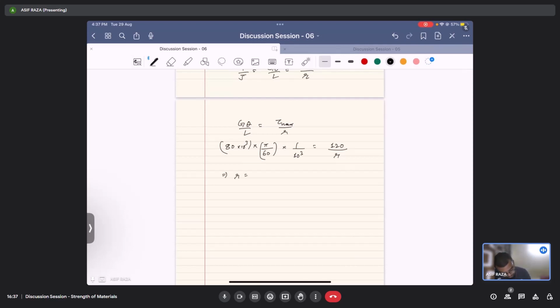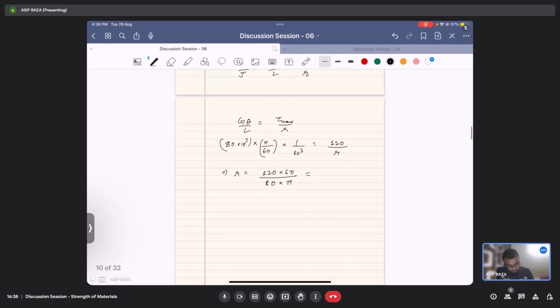R would be equal to 120 times 60 divided by 80 times pi, and this would be equal to 90 upon pi.